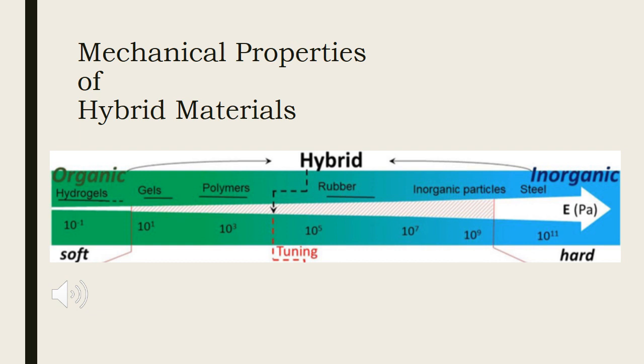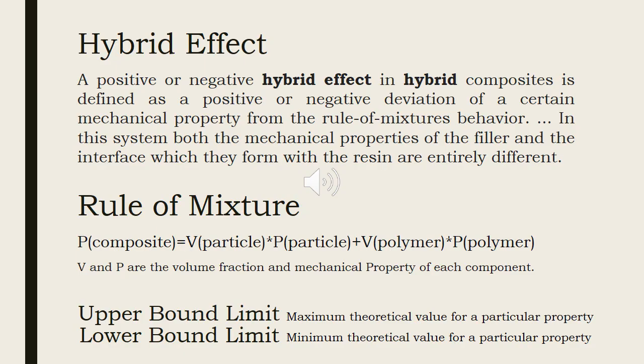Enhancement of mechanical properties in hybrid materials by combining organic and inorganic parts has been shown in the figure. Hybridization with more than one filler in the same matrix provides another dimension to the potential versatility of composite materials.